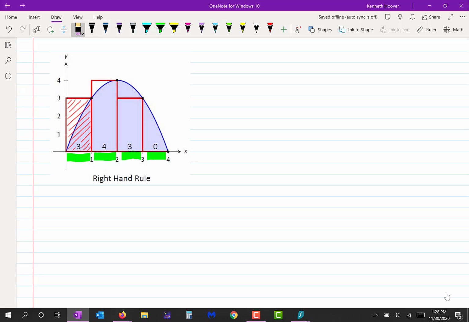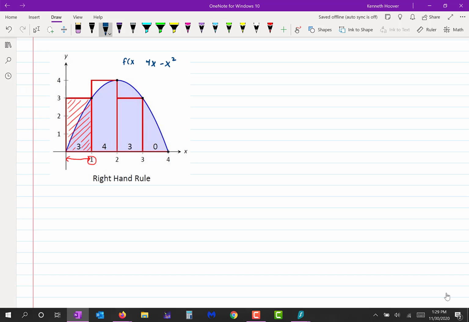So in other words, they took this interval right here from 0 to 1. And the right side of that is right here at 1. You plug 1 into the function. Remember, this function is 4x minus x squared. Okay? So that's f of x.